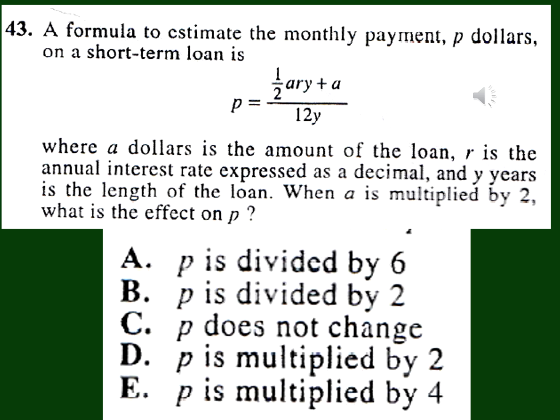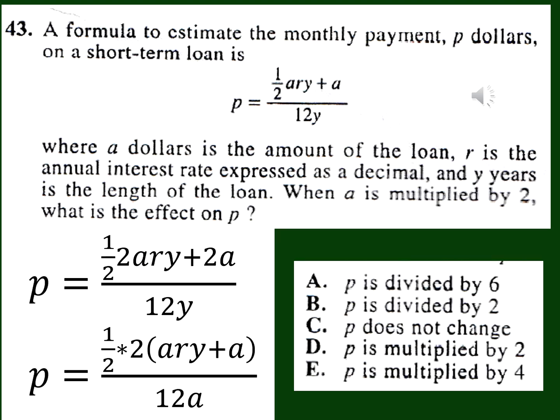Either P is going to be divided by 6, P is divided by 2, P does not change, P is multiplied by 2, or P is multiplied by 4. So all I'm doing here is I just literally took the formula at the top and I changed the A to 2A, both of the places that it came up.